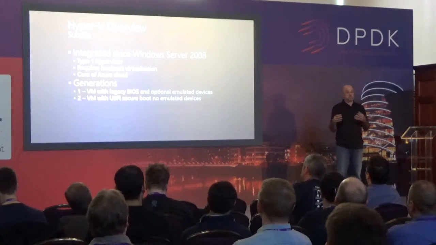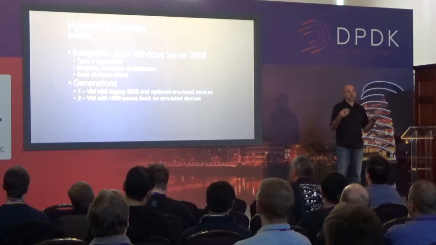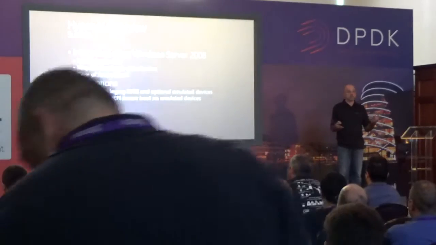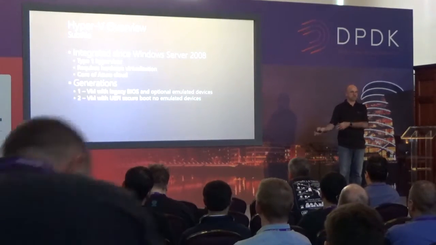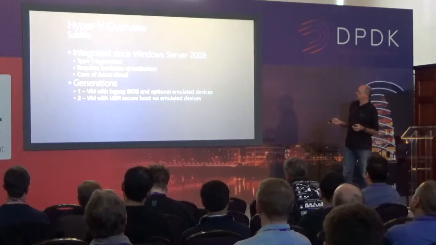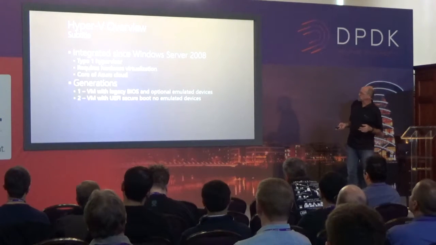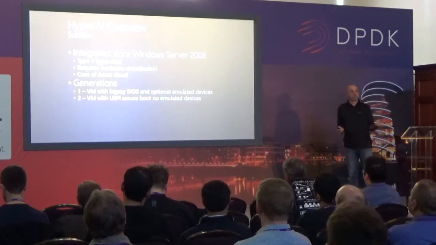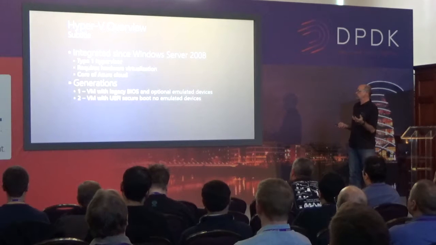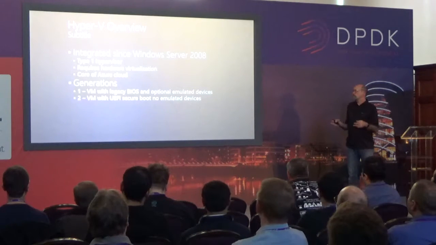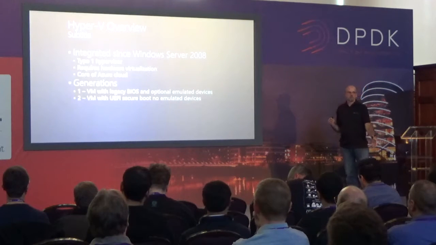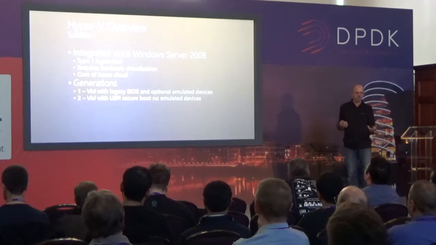So internally what that means is we've got two test platforms to deal with, similar to, I know that people are familiar with Xen versus Amazon. They're sort of the same, but they're different. And there are actually two generations of HyperV guests in the current version. There's the legacy version, which is what most of your Linux environments run in, where you have a legacy BIOS and optional E1000 kind of emulated devices.